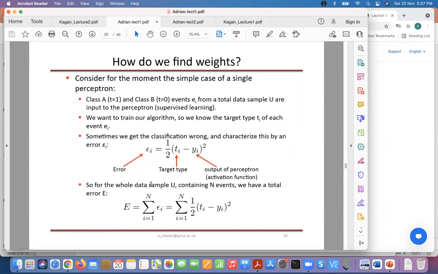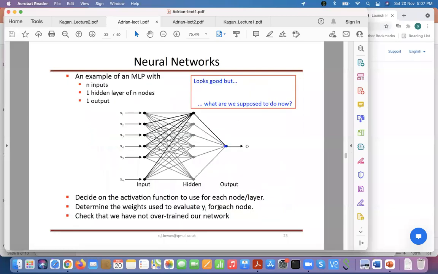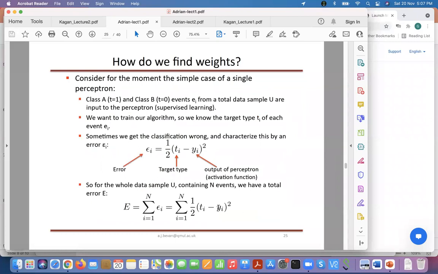If you have the whole data sample, where each data sample contains an event, you can calculate the total error, and you want to optimize it. Because y_i is a function of the weights, coming from this expression, which describes how the input feature variables communicate with the different stages of the network.